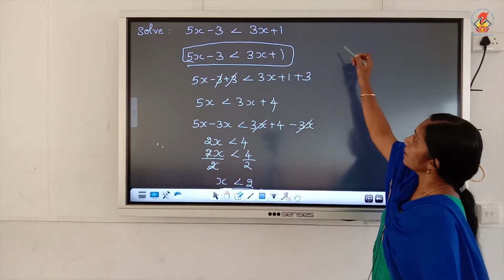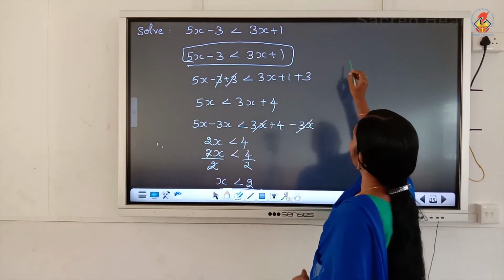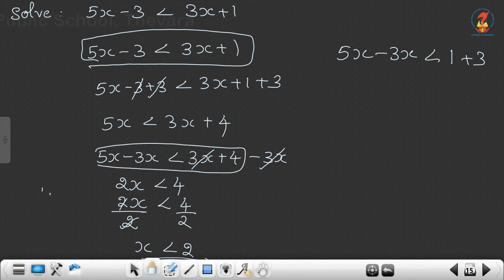Okay. I can take 3x to that side. That is this step. So 5x minus 3x is less than 1, and this minus 3 to the right side becomes plus 3. So if this is the question, the next step you can write like this, without writing these two steps.